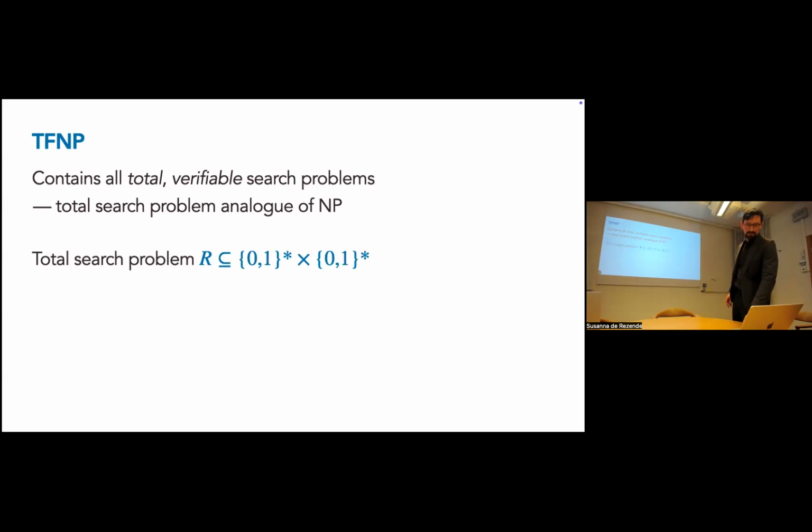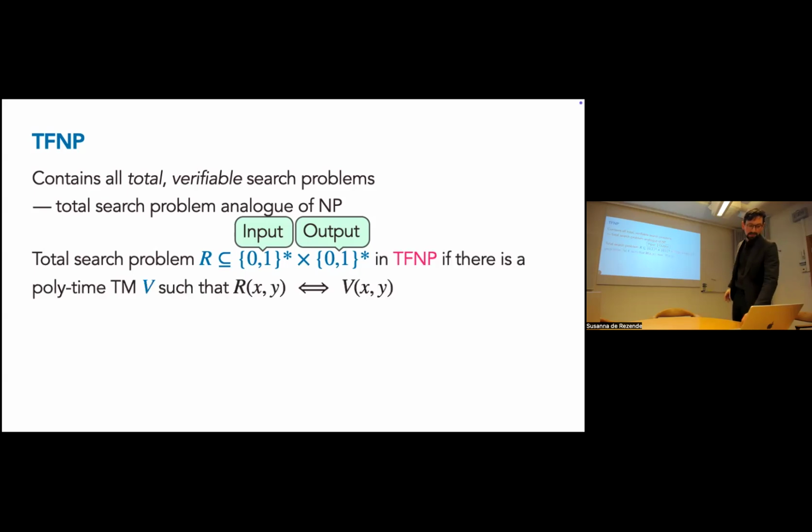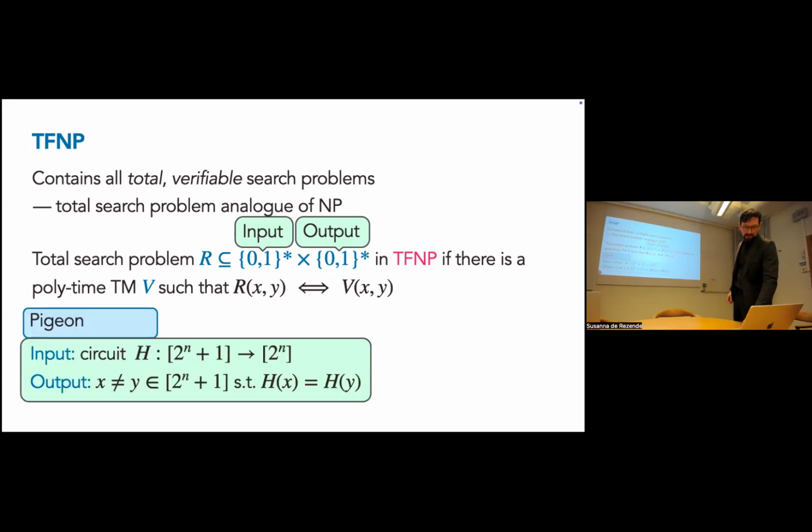We write a total search problem as a relation. We think of the first input to the relation as the input to the problem, and the second input as the output. It's in TFNP if there's a polynomial time verifier which, given an input and a solution, checks whether that is a valid solution to the problem. So for example, pigeon is in TFNP.